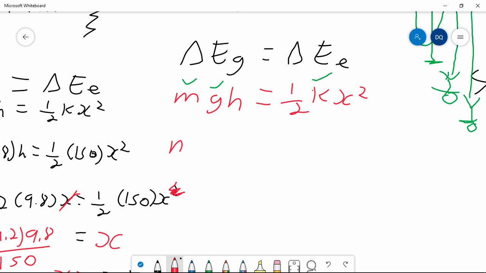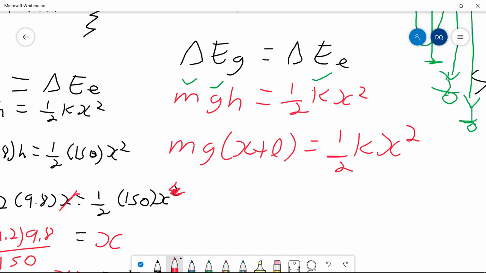So then that's going to change into mg(x plus L) equals 1/2 kx squared. And your only unknown in this is going to be x, which means you've now got a quadratic. When you expand that out, it's going to be a trinomial quadratic, so you might have to drag out the quadratic formula. However, I'm assuming that by the time you're studying this, you're quite proficient with that. And yeah, best of luck.